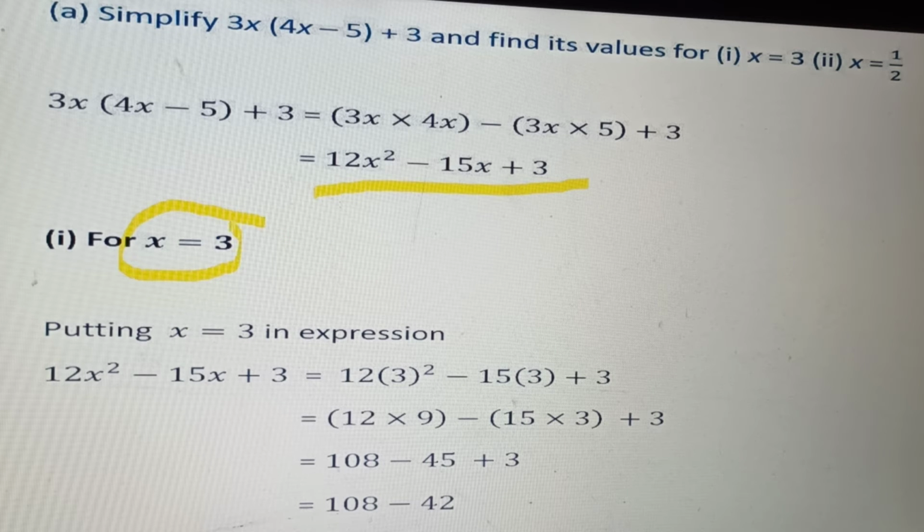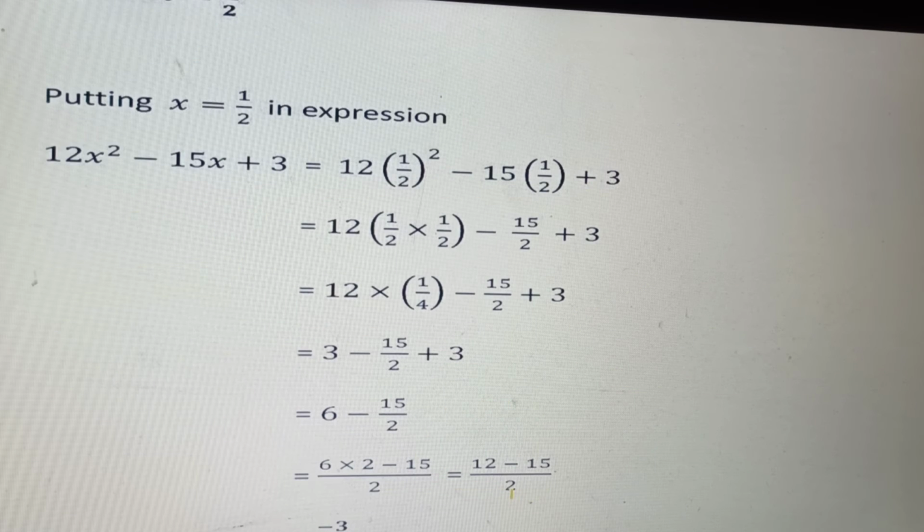Substitute the value 3 into this equation. So we got 3 square, 9. Substituting, we got 66 as the answer. Same way we substitute x equal to half. Half square is 1 by 4 minus 15 by 2 plus 3. This is a fraction, and we know how to add fractions. So we got minus 3 by 2 as the answer.